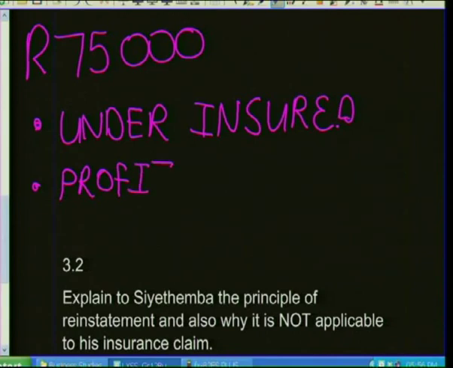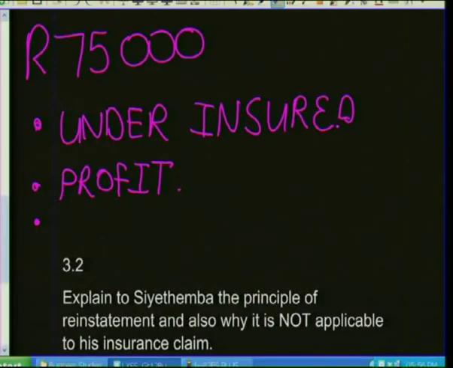Insurance says to us, they will put us into the same position that we were before the loss occurred. So because he chose not to cover the whole value of his house, they choose not to pay out the 100,000. So I want to see underinsurance there. I want to see he cannot make a profit out of insurance.